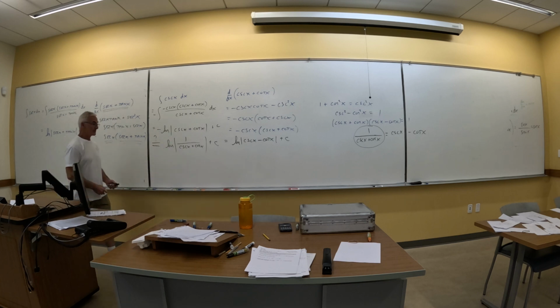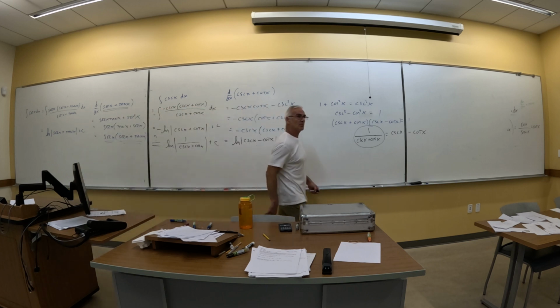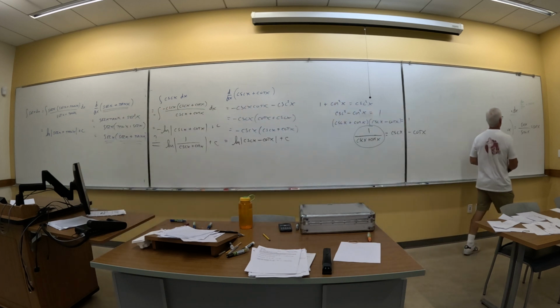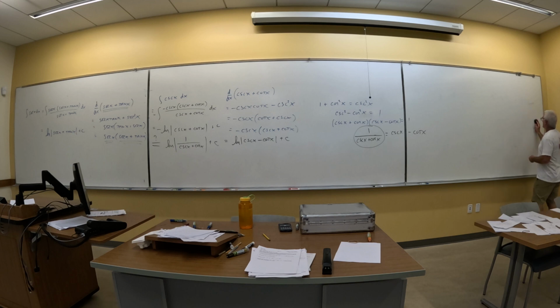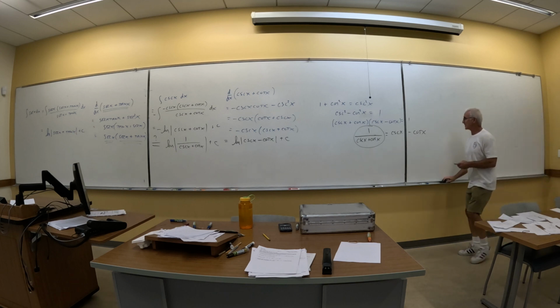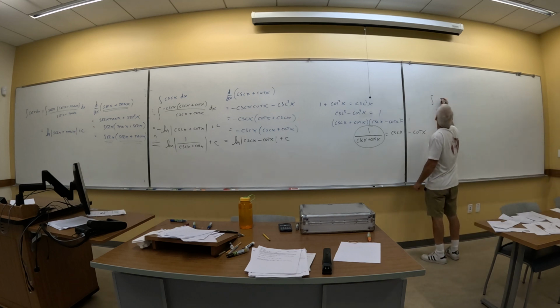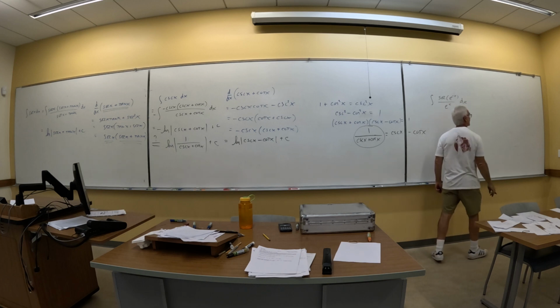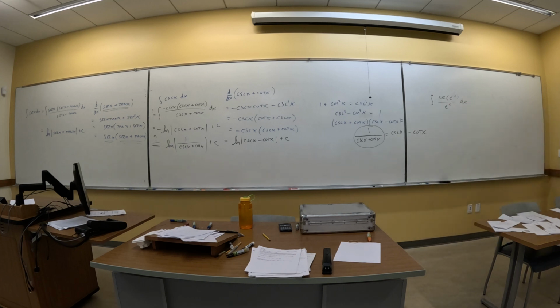That's kind of cool. So now let's throw in the potential that we might have to do a substitution. All right, so here's what I got. I got the integral of the secant of e to the negative x over e to the x dx. Now, you have antiderivative formulas.